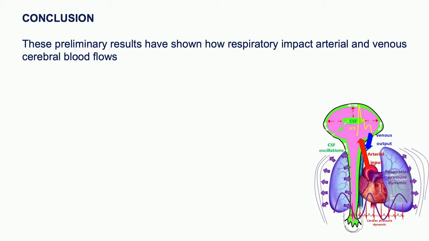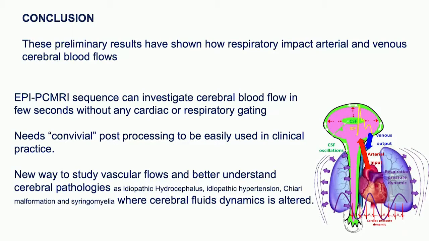So in conclusion, we can say that there is a very significant impact of breathing on the arterial and also the venous flow, and that it's a very interesting new sequence, I think, because in fact we don't need any synchronization, cardiac or breathing.